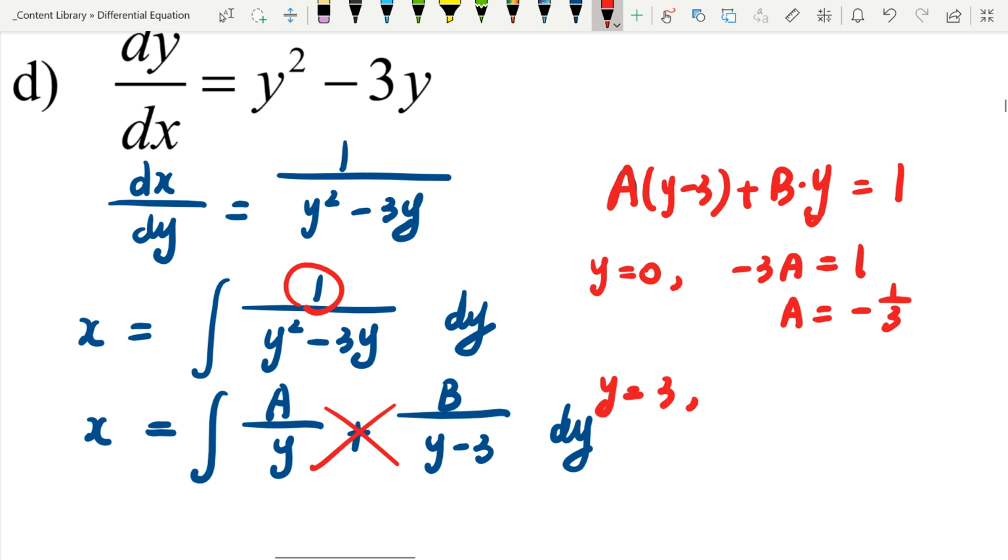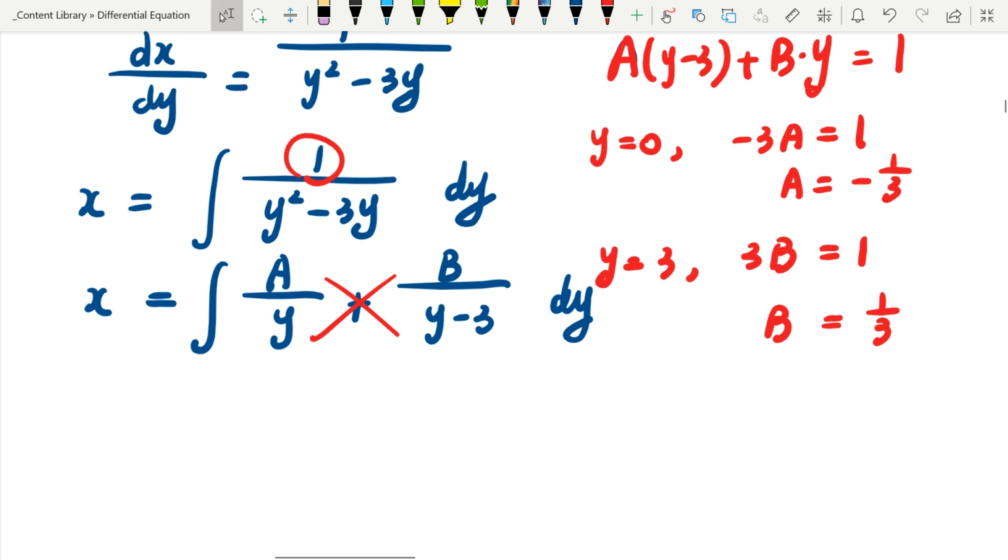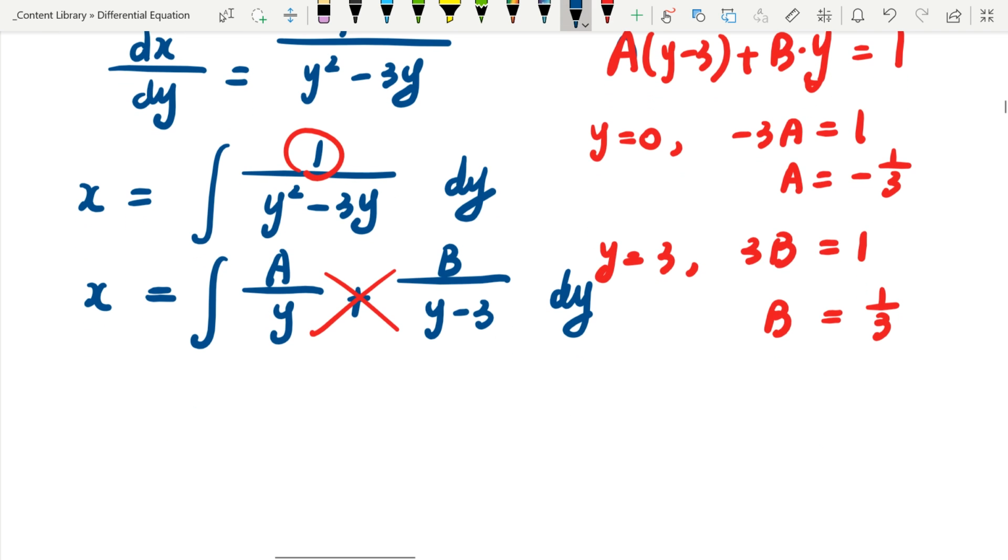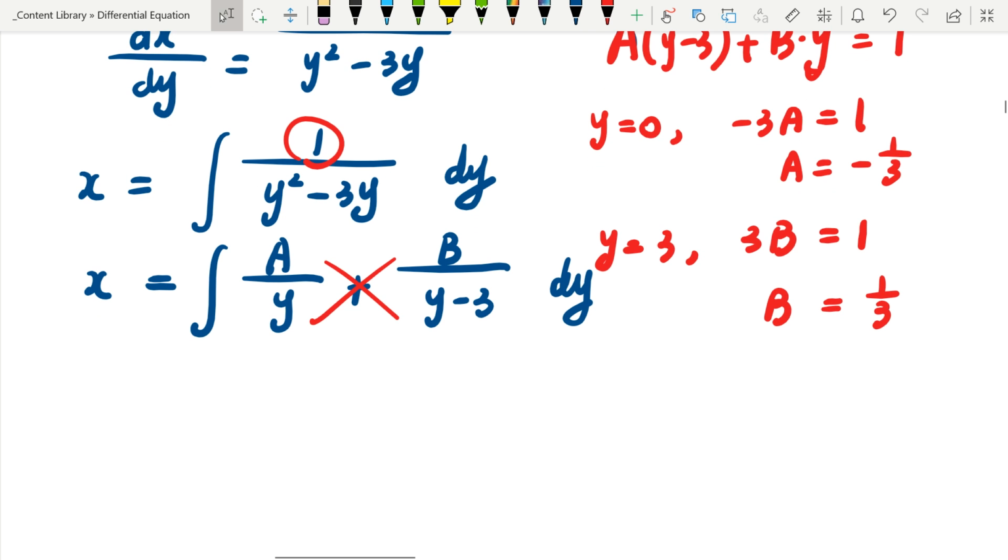If you sub y equals 3, the a coefficient goes to 0, and you get 3b equals 1, and b equals a third. It will be much easier if you do substitution. If you expand it, you need to solve them simultaneously, which I think is hard. It depends on you. As long as you can get the right answer, I don't really mind. I just think this method is really good.